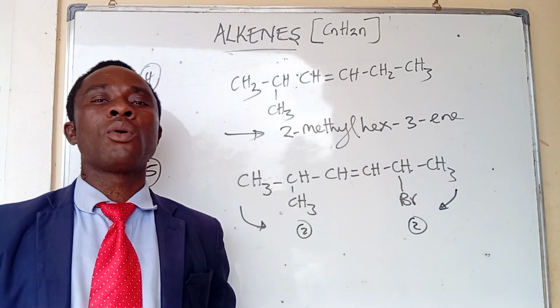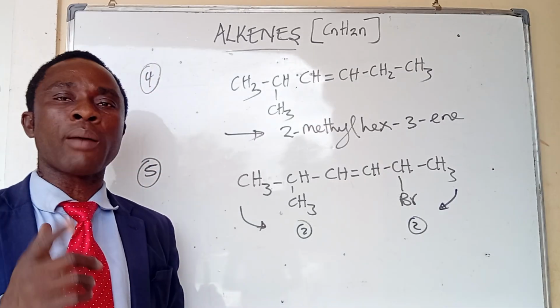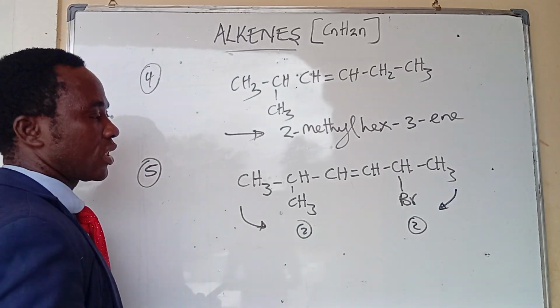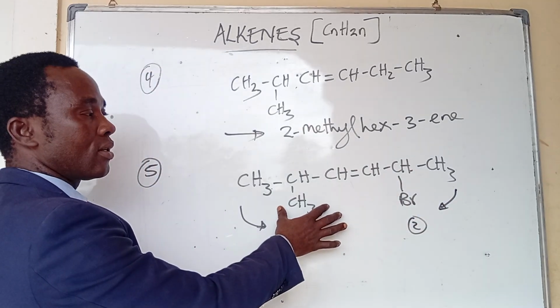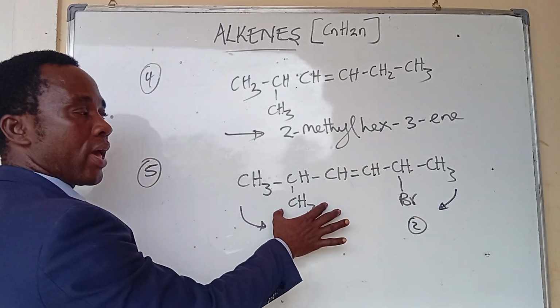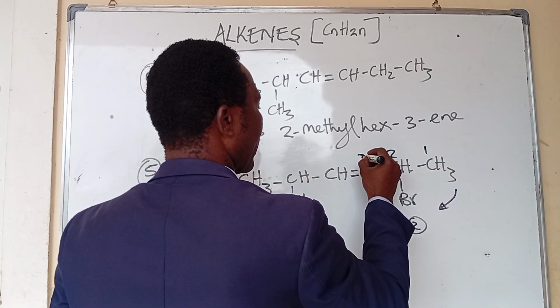In this case, you consider alphabetization. The substituent here is bromo, while here is methyl. Now, because B comes before M, our numbering should be from this particular end.